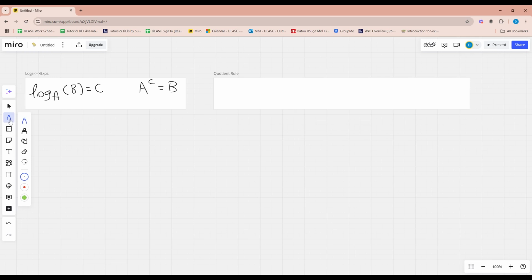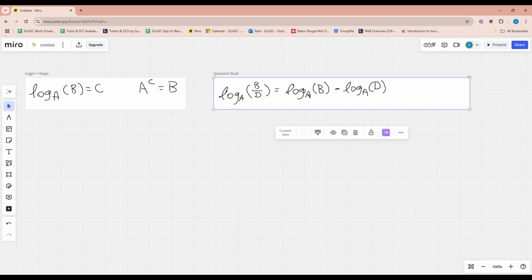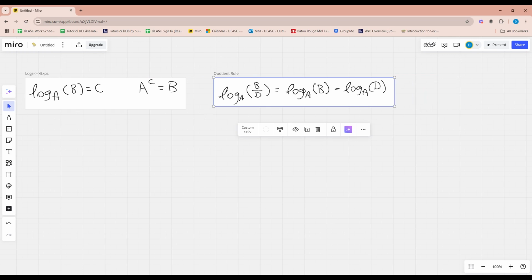That rule is: log base a of b over d is equal to log base a of b minus log base a of d. And just like we had done before, we're going to pick this apart and see if we can make sense of why this works.